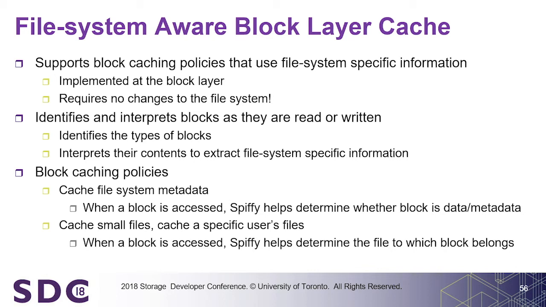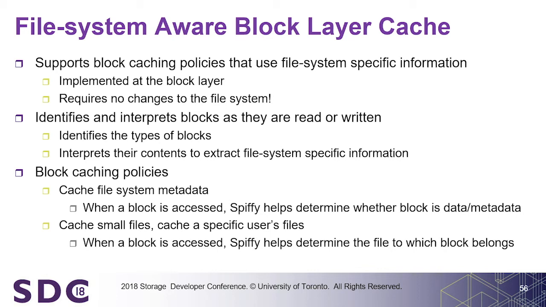The caching application identifies and interprets blocks as they are read or written. It uses the Spiffy library to identify the types of blocks and for interpreting their content to extract file system specific information. Our caching application implements several caching policies.